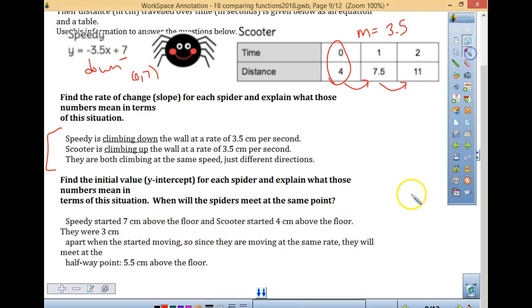Scooter starts 4 centimeters above the floor. They will be 3 centimeters apart when they started moving. So since they're moving at the same rate, they will meet halfway at 5.5 centimeters off the floor.